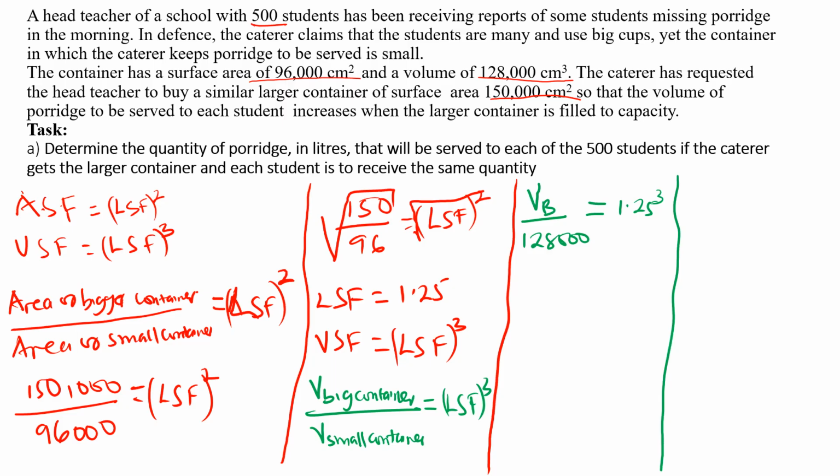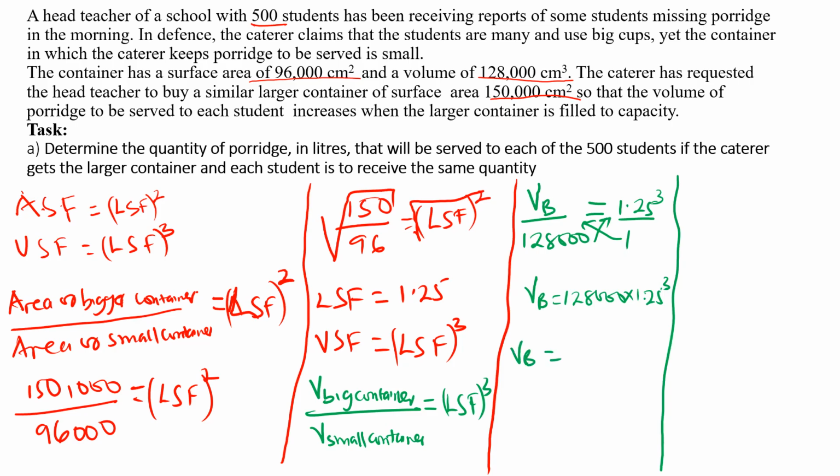Then you cross multiply, and here we shall have volume big is equal to 128,000 times 1.25, cubed.